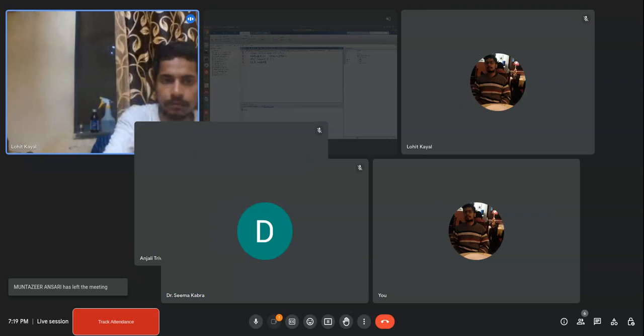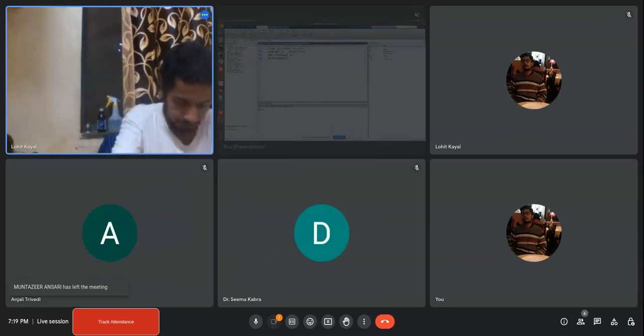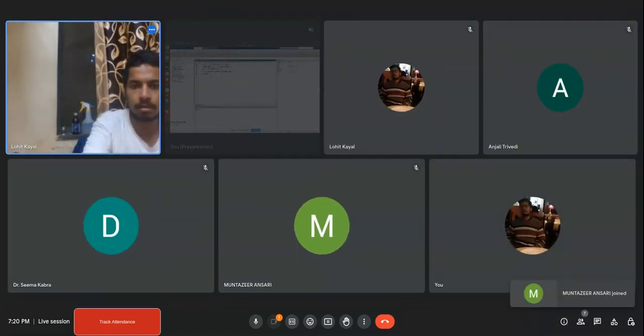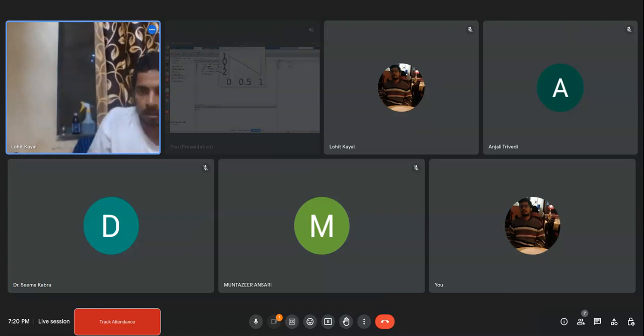So t, x equal to ODE45 of dx dt, t span and x naught. Then you can just plot t comma x, and I think it should work. Okay, it is just showing a straight line.